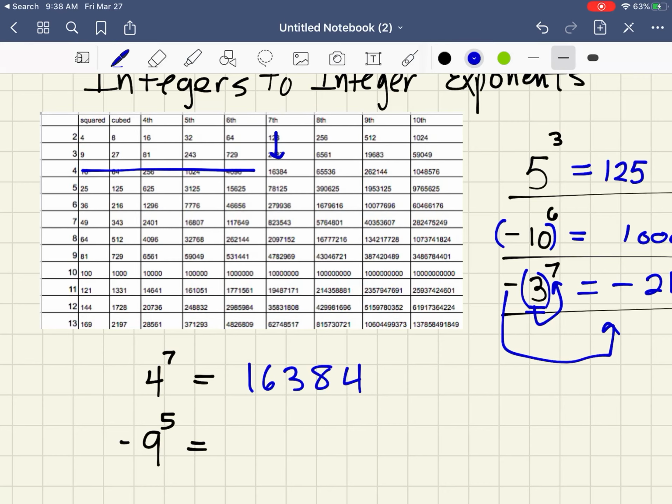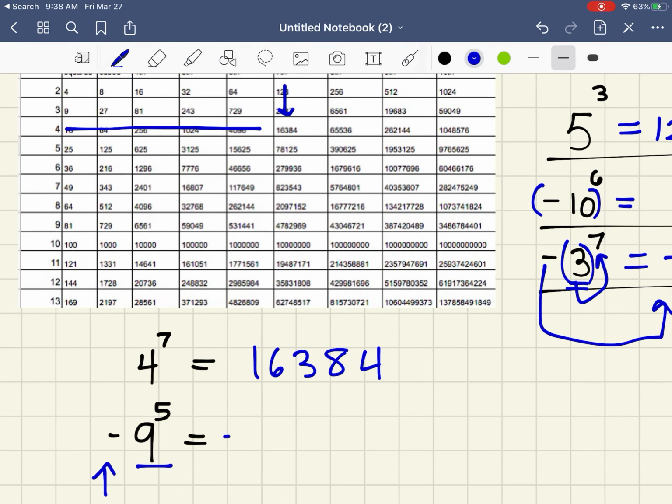Here, negative 9 to the 5th. I'm going to find 9 to the 5th, then I'm going to change the sign. Very important distinction: we're going to do exponents, and then we're going to do multiplication. This is the same thing as saying negative 1 times 9 to the 5th.